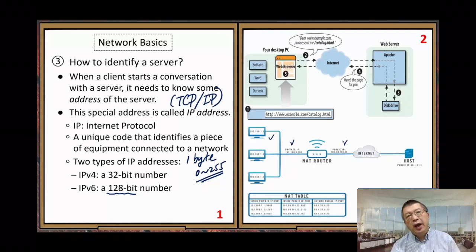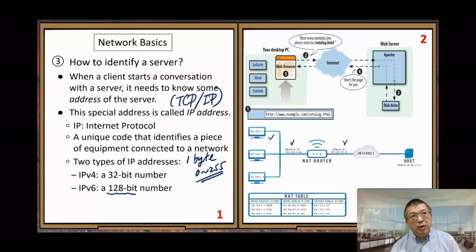So we will use hexadecimal representation. The separator won't be dots; the separator will be colons. Using colons to separate, you get the colon hexadecimal representation. We will see that in a later video, where I will talk about it.